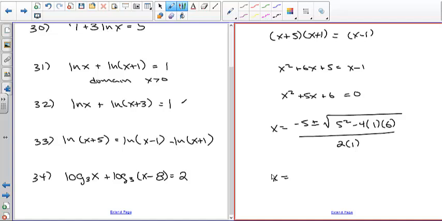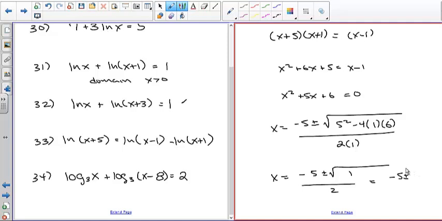So you get negative 5 plus or minus the square root of, so you get 25 minus 24, which is 1. So you get negative 5 plus or minus.